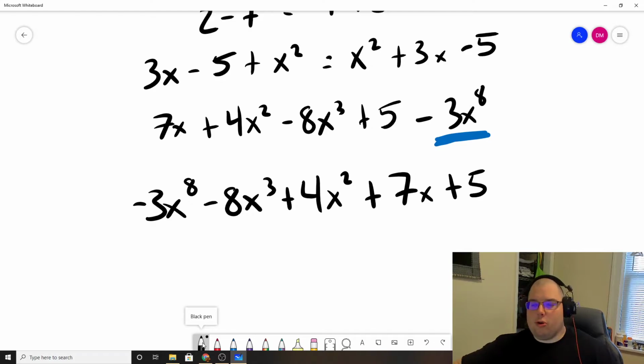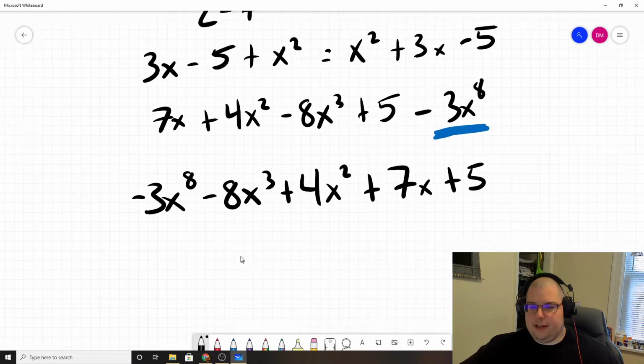So we want to order things so that the largest exponent comes first, and then the next largest, and it slowly decreases as we read the polynomial. I hope this makes sense. I feel like my wording's a little unclear.